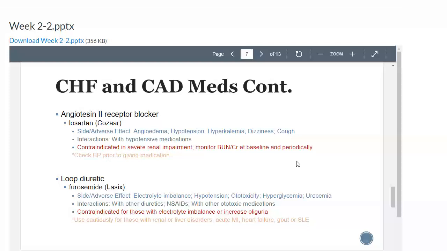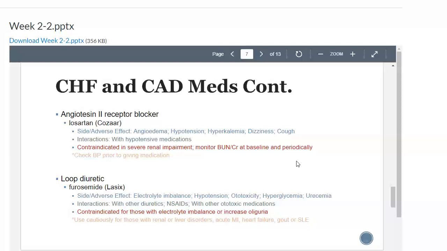Two big effects of loop diuretics, such as furosemide, especially if a patient does have a good diuresis, is the fact that they may develop hypotension or hypovolemia as well, or dehydration.